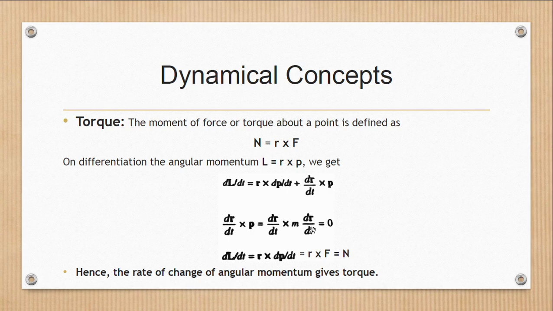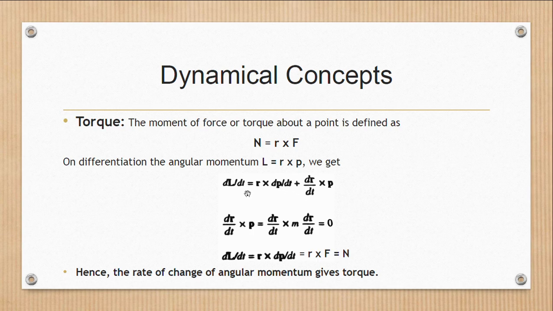Therefore, we replace p by m into dr by dt. Now in mathematics, we know that the cross product of two similar vectors is always equal to 0. If we have any vector A, then A cross A is 0. Now we have two vectors, dr by dt and again dr by dt. The cross product of these two vectors should be equal to 0. Therefore, this second term will vanish. We are left with only the first term.